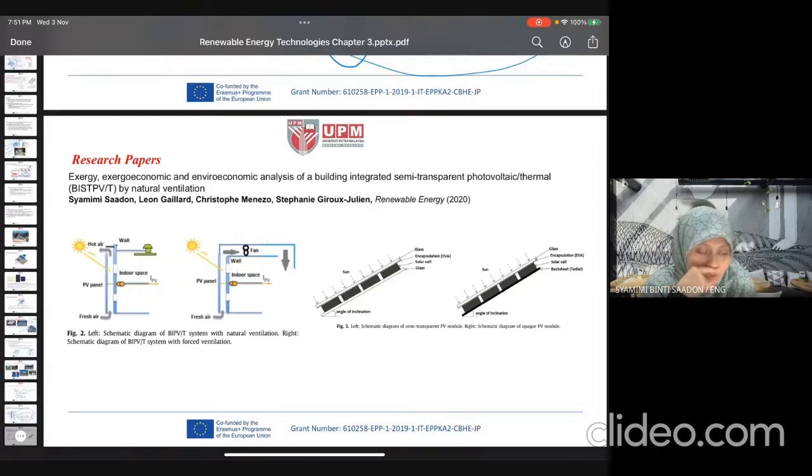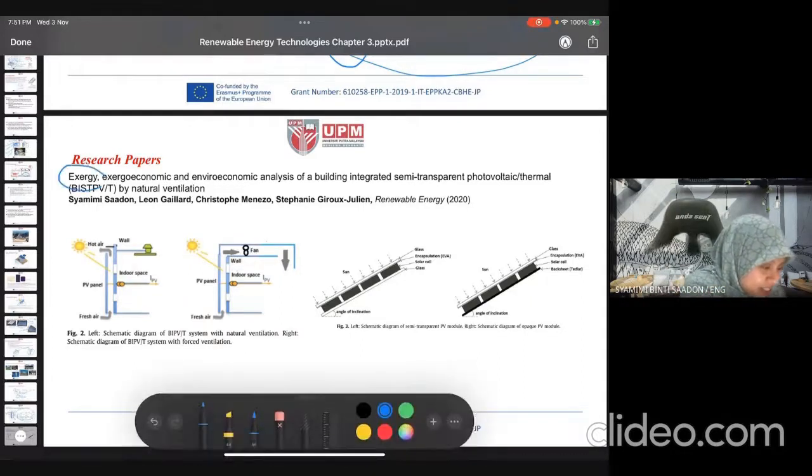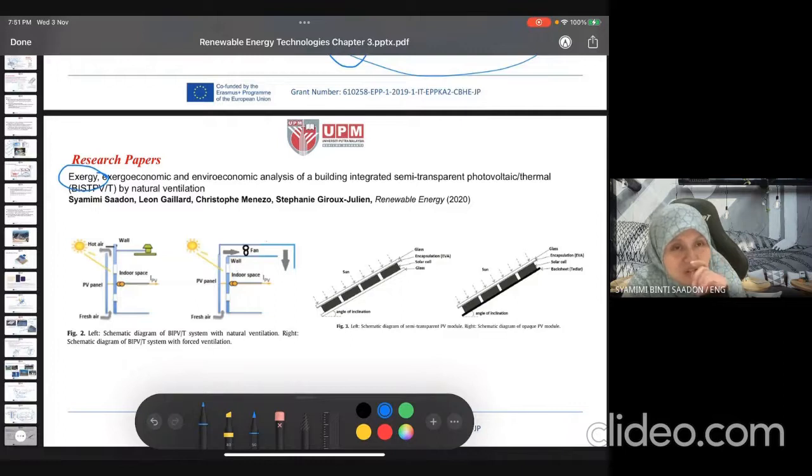Exergy here is a parameter also used for the second law of thermodynamics, like entropy. So actually exergy and entropy, the definition is quite the same.